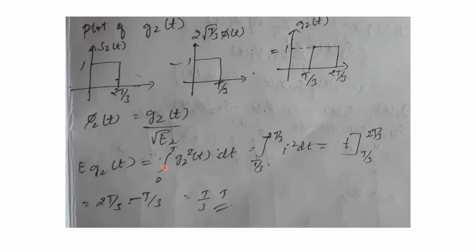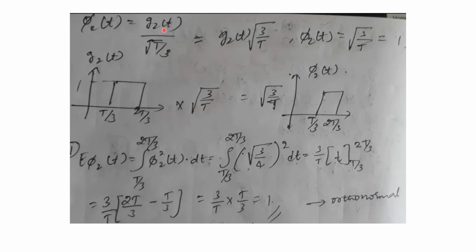E2 of g2 of t is equal to the integral from 0 to T of g2 squared of t dt. Here the limits vary from T by 3 to 2T by 3, 1 squared dt. After integration, t with the limits T by 3 to 2T by 3. After simplification, we get 2T by 3 minus T by 3, and the energy E2 we get is T by 3 joules.